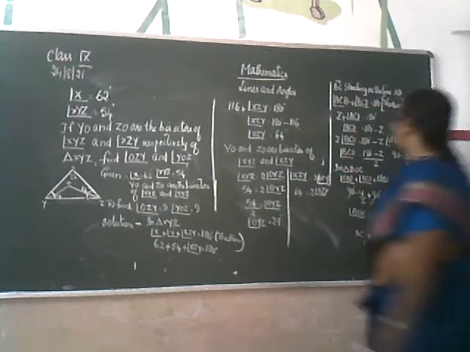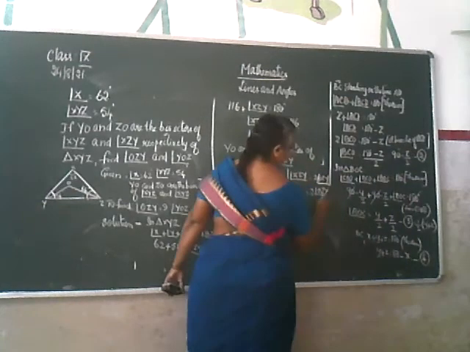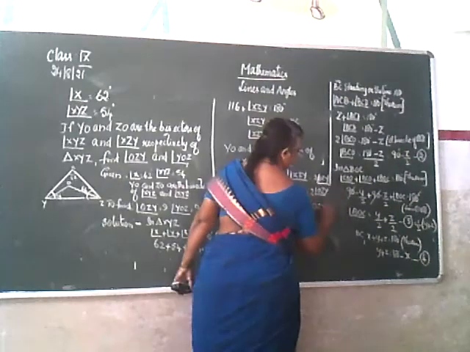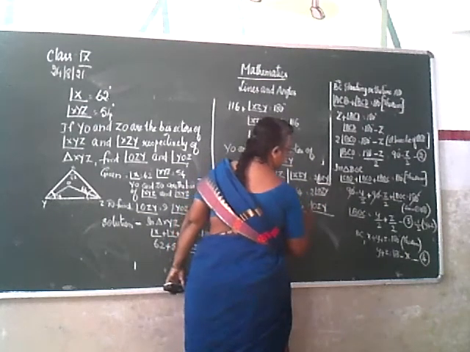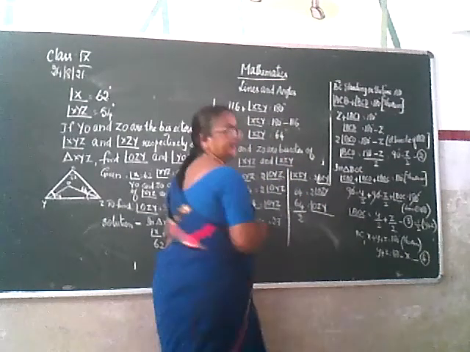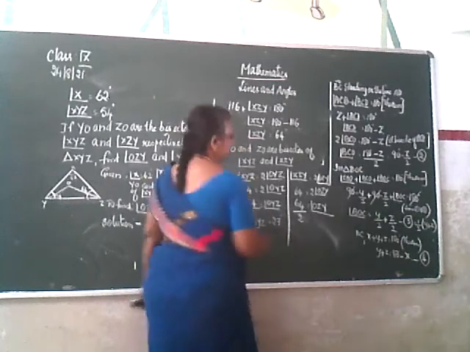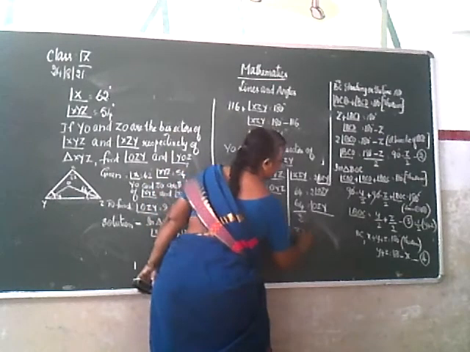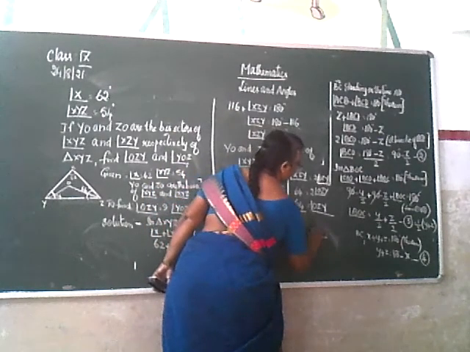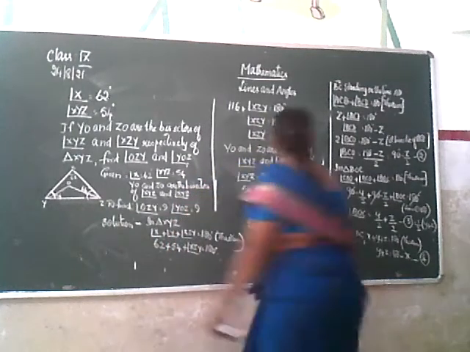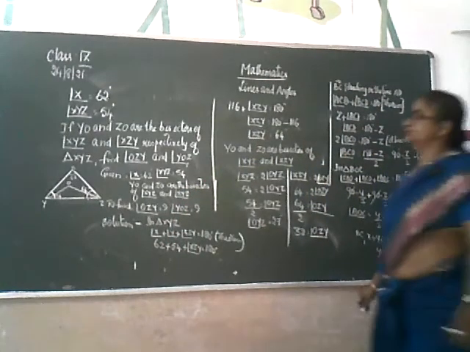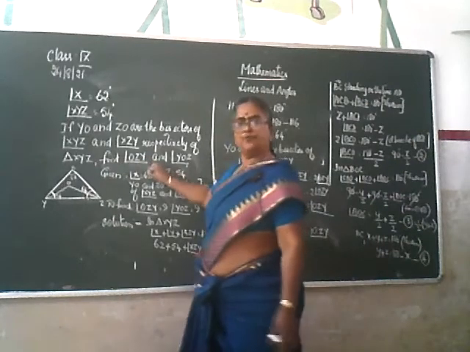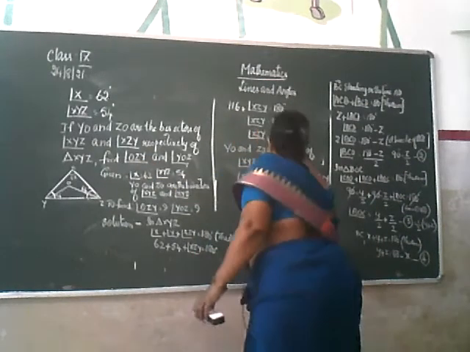So what is OZY? 64, here 2 is multiplied and comes to this side. So that is 32 degrees. OZY is 32. So find OZY. That is 32.